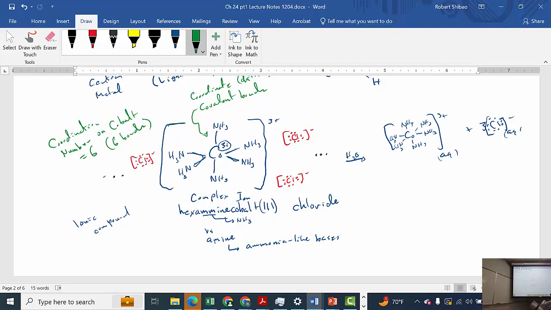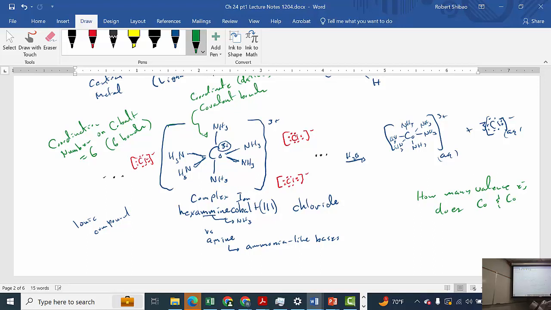How many valence electrons does cobalt have? So first we'll look at cobalt. Tell me how many valence electrons cobalt has.